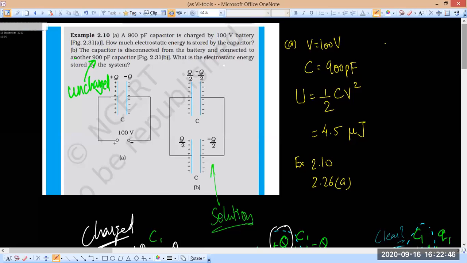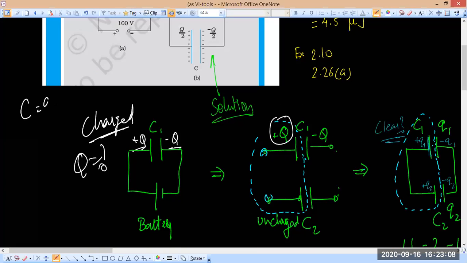What is capacitance? Yes, very good. Capacitance is 9 into 10 raised to minus 7 coulomb.